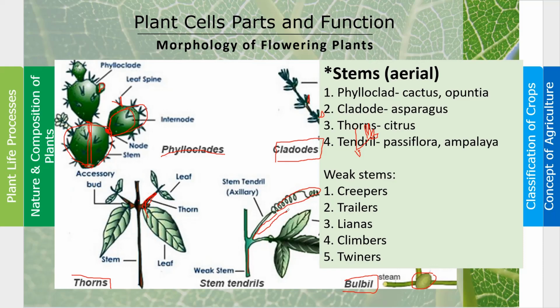Yung twiners naman, the weak stem, ito mismong weak stem niya yung magkukoil doon sa support. Wala na siyang tendril. Ito mismo na yung stem niya yung iikot doon sa support niya. Parang ganun. I've seen some sa weeds but I'm not sure what are the name of those.